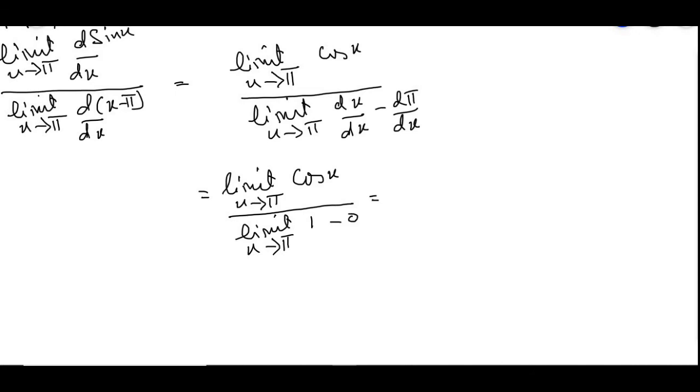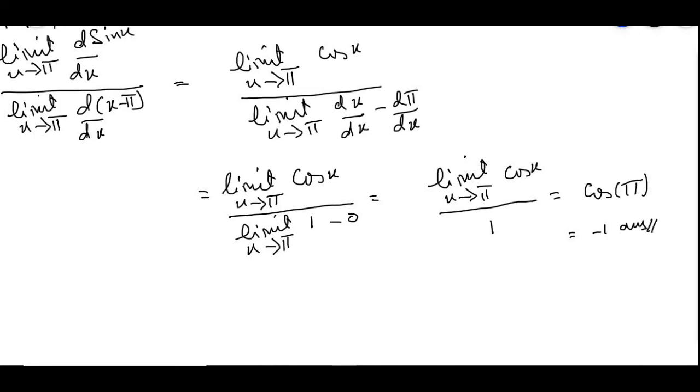Therefore limit x approaches to pi of cos x, and 1 is a constant and the limit of a constant is always the same, so it will be 1. Now apply the limit: cos 180, and cos 180 is minus 1. Answer.